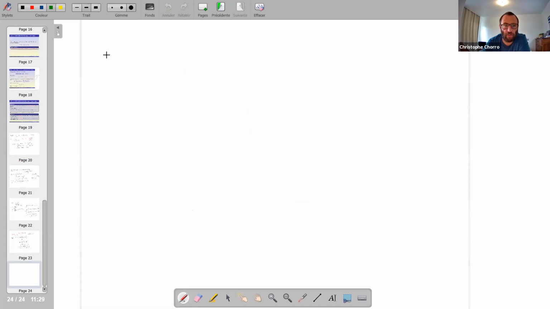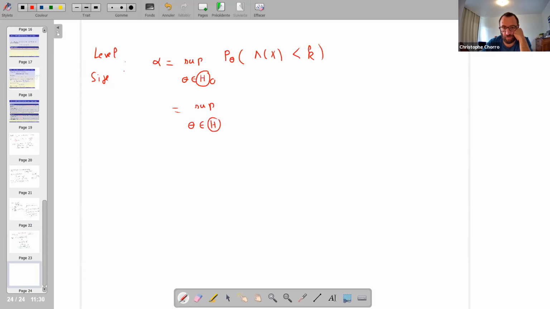So if I want to compute the level here, or the size, I have to compute, remind you that alpha is equal to the supremum for theta belonging to theta 0 of the probability under theta where I reject, that is delta of x strictly less than k, that I can write as the supremum for theta belonging to theta 0 of the probability that xn overline minus mu 0 is greater than k.